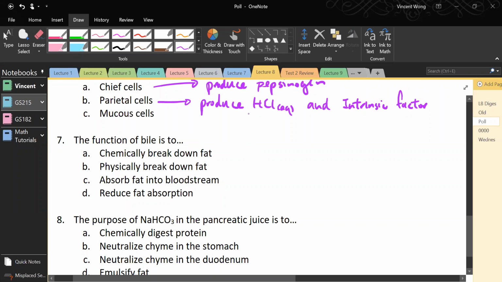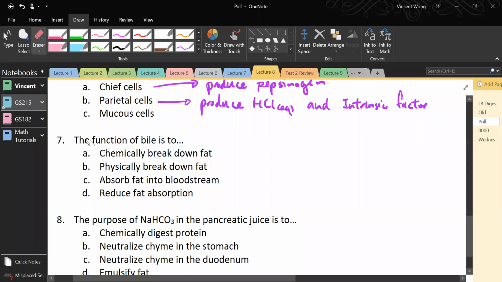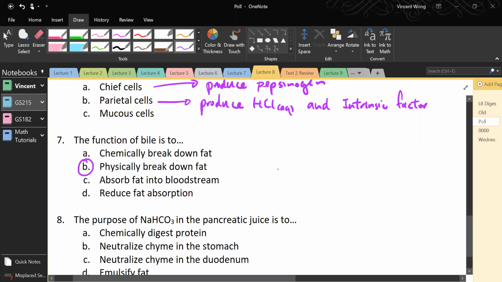And I mentioned earlier, emulsification means you break down the big droplets of fat into smaller droplets. And so the best answer here is it physically breaks down the fat. Physically means like you chop it up. If you take a carrot and you chop it into smaller pieces, that's a physical change, as you learned in your chemistry class.